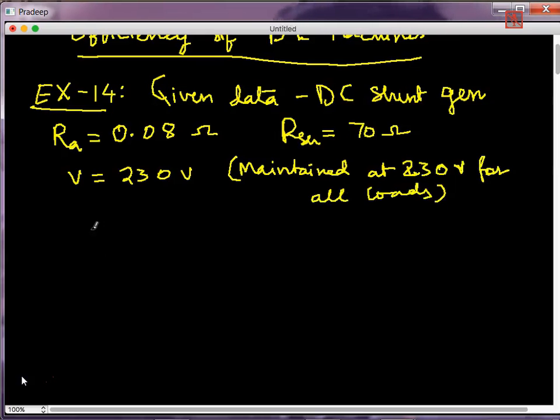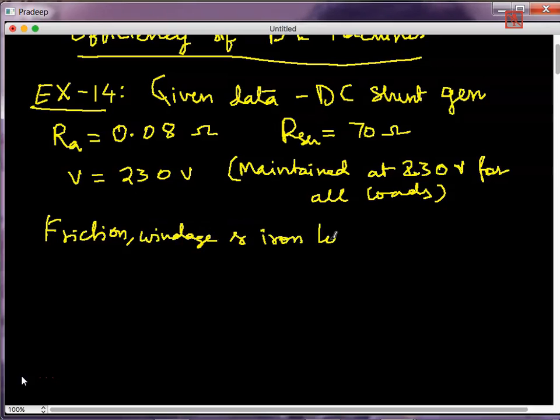Okay, so what else is given? The given data, that is the friction and windage losses, and iron losses. This is 1000 watts and this is also constant.